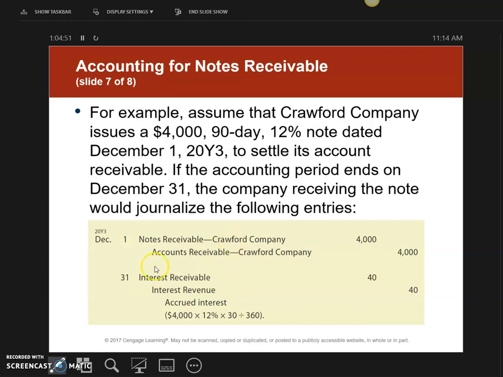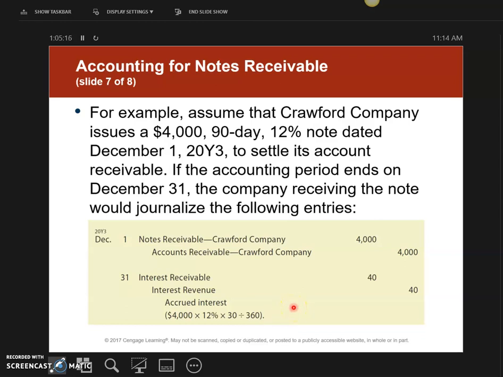So here is the journal entry. Hold on, guys. Here's the journal entry to start the note on December 1st. So what I'm going to do is at the end of December, I need to know how much interest I've earned but yet not received. So I'm going to do my calculation down here. 4,000 times 12% times 30 days divided by 360.